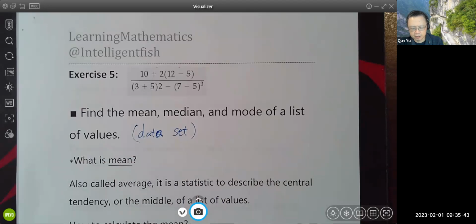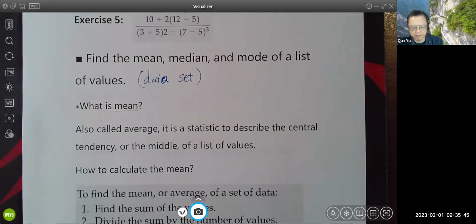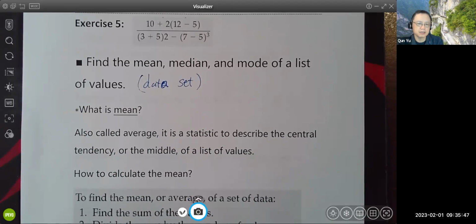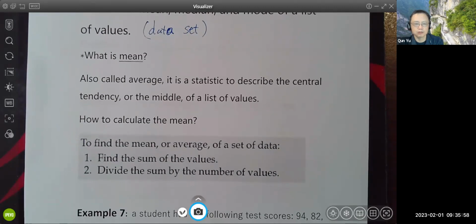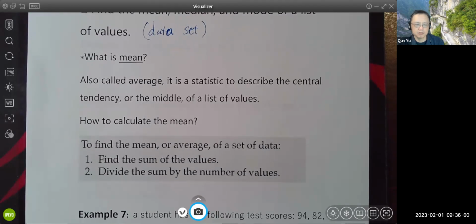Okay, first one first. What is the mean? The mean is another way to say the average of a given list of numbers. How do we calculate the average? You don't have to go to school to learn this, because we encounter the average calculation in everyday life so often. Many people already know that.